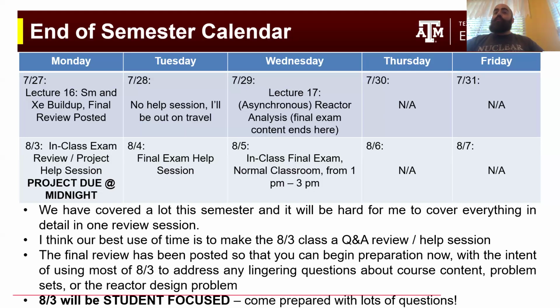A lot of the review is based on what we've done in exam one and exam two, because there's only a couple new things that we've talked about since exam two. So if you did good reviewing for exams one and two, then you kind of already got your review for that part of the class. And for the 3rd, you would mostly be wanting to focus on, for new stuff, what we've covered since exam two, which would be production destruction equations and the buildup of certain important isotopes like xenon and samarium.